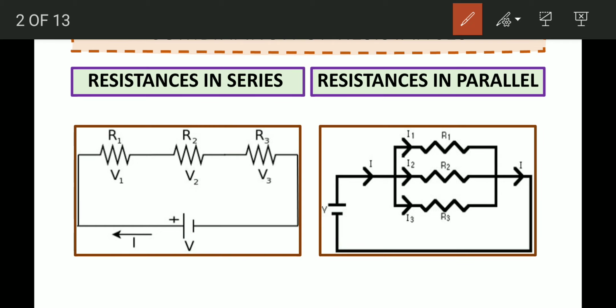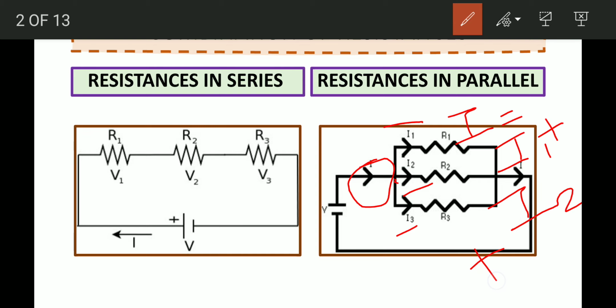Now comes the resistances in parallel. As observed in the diagram, the current I now divides into three, I1, I2 and I3, but the total current I will be equal to I1 plus I2 plus I3.